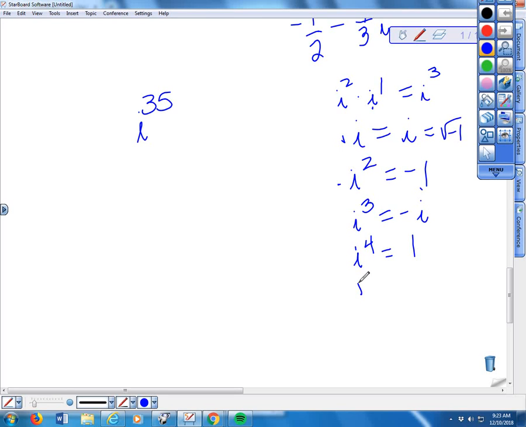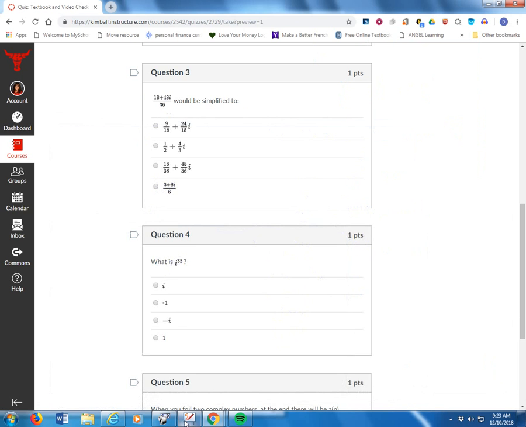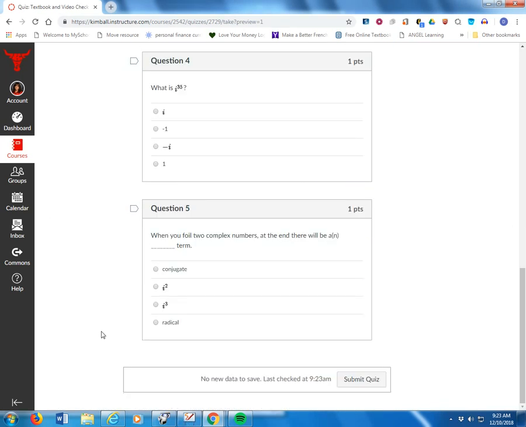So it's i cubed, so it's negative i. In question 5, when you FOIL two complex numbers, at the end there will be an i squared term that you will then convert to negative 1. Okay? So that is it.